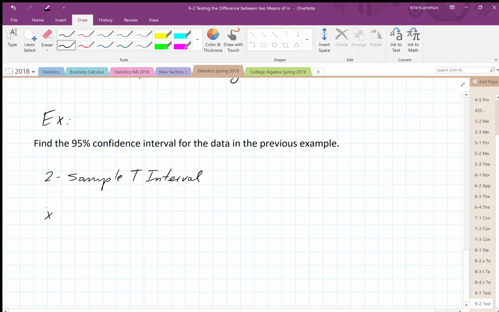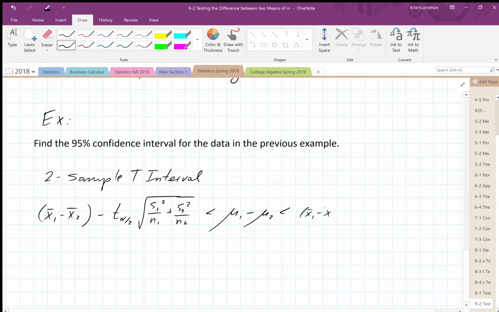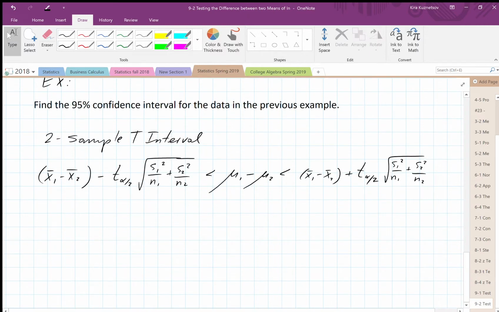You take the difference between x1 and x2 and then add and subtract this ugly looking error on this side, and you take the same thing here but add this same error. All right, so this is the interval that is programmed into your two sample t interval.